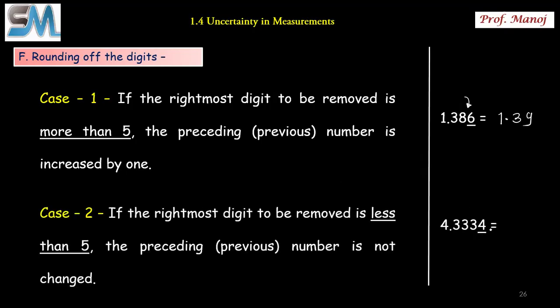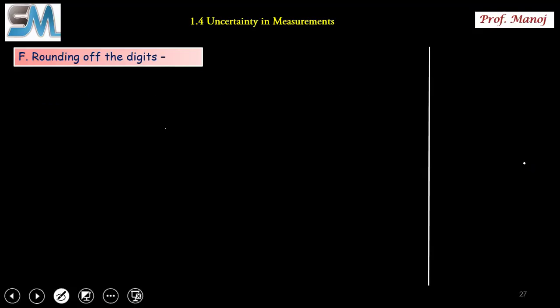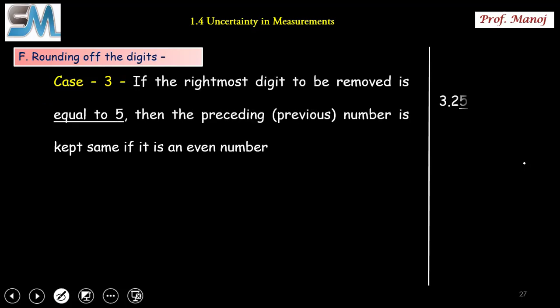Suppose the digit to be removed is less than 5, then the previous digit is kept as it is. Most of you know these particular rules, but case number 3 is a very interesting one. The one which you want to remove is 5 itself. What we saw was less than 5, greater than 5.